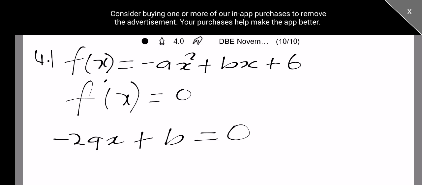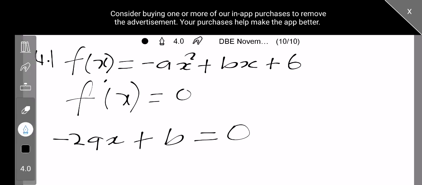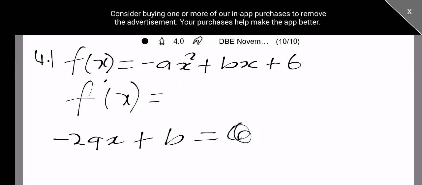Sorry about that. We were given that the first derivative gives us the gradient of the tangent to the curve, like I've said.